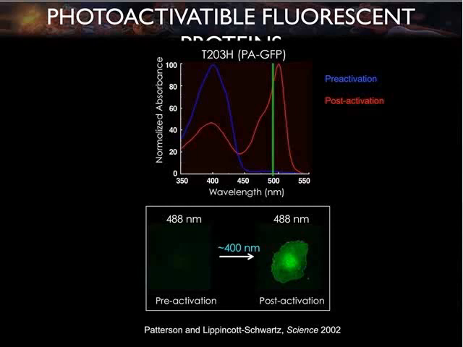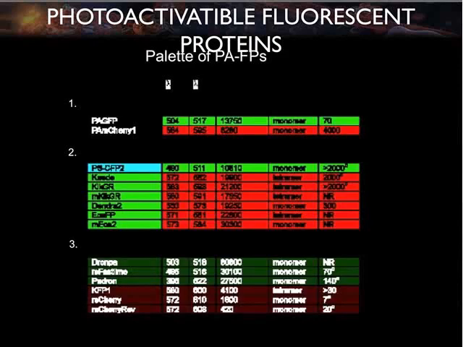Since the development of the photoactivatable GFP, there's been a whole cohort of photoactivatable fluorescent proteins that fall into three different classes. Those in class 1 that will photoactivate from a dark to a bright state can be either green or red. The second class can photoswitch from one color to another.